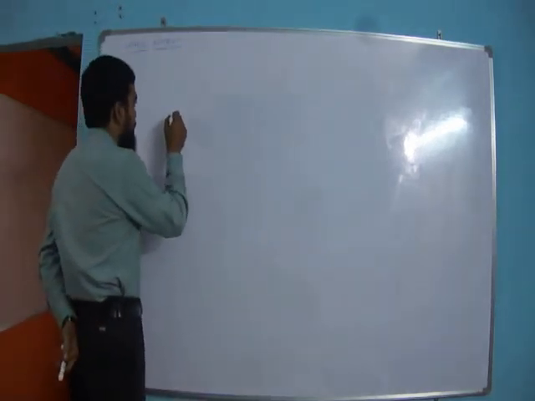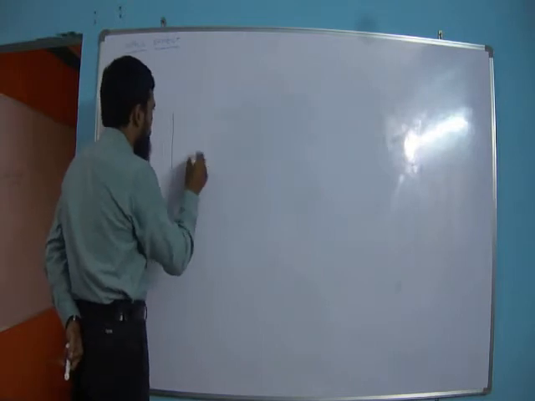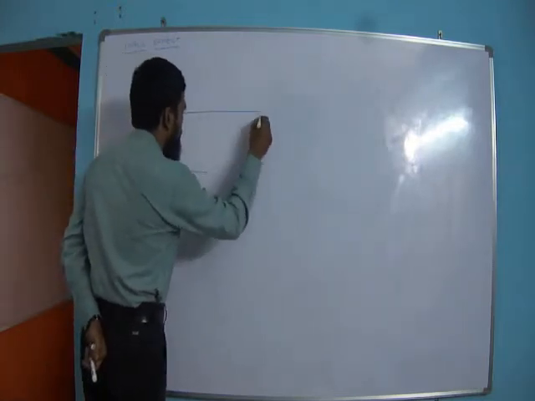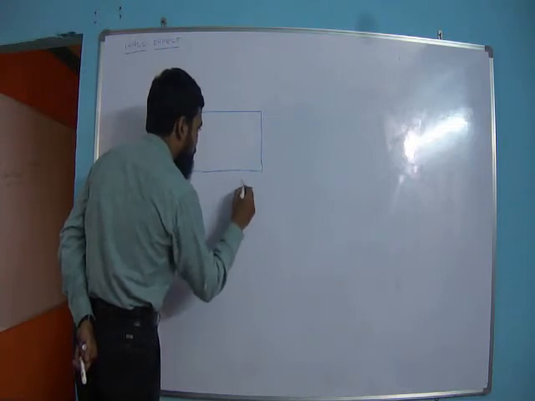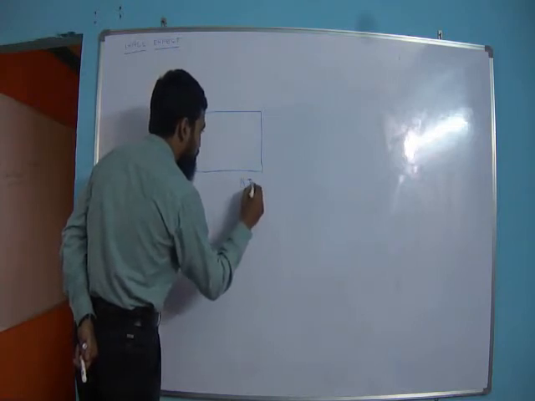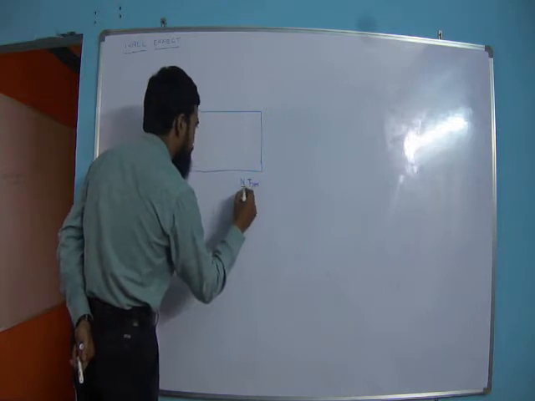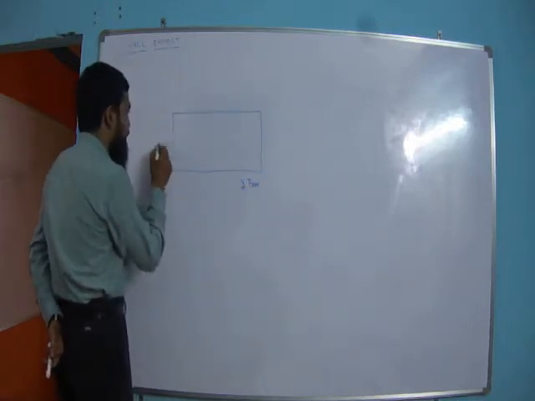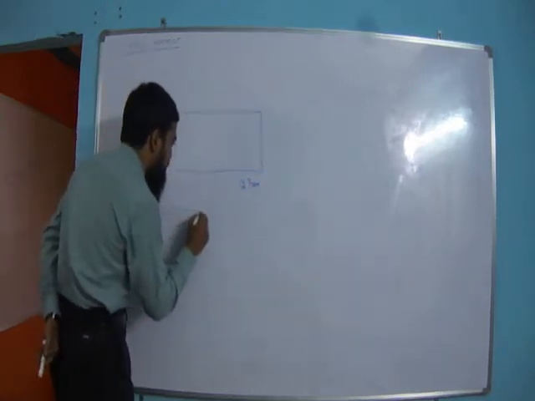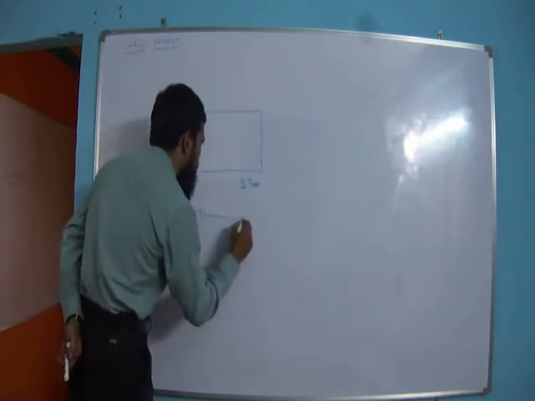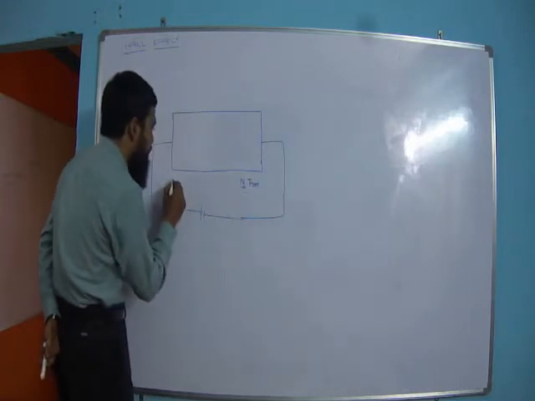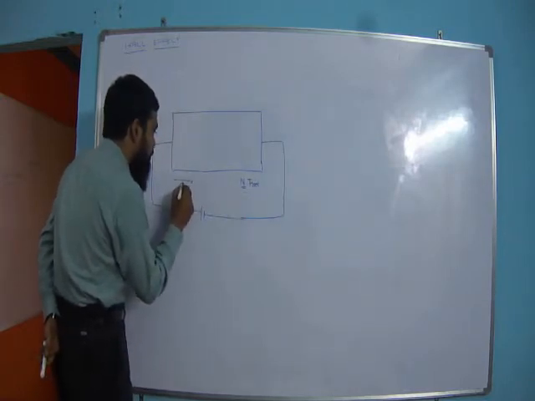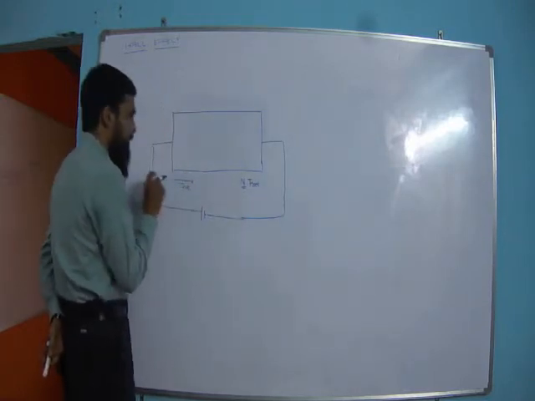Let us take a semiconductor of N type, and when we apply a voltage to this semiconductor, a current will be flowing in the plus x direction.